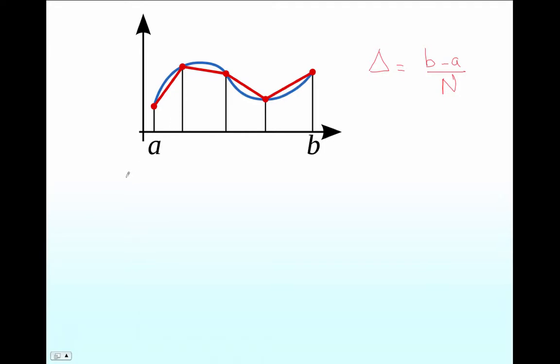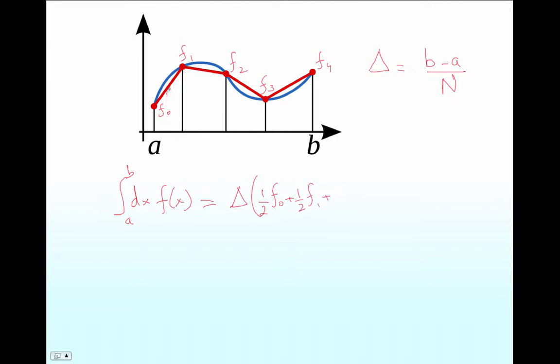So now the integral from a to b of f of x by the trapezoidal rule will be delta. If we call this f0, f1, f2, f3, and f4, then by the rule that we've just discussed, this will be half f0 plus half f1.